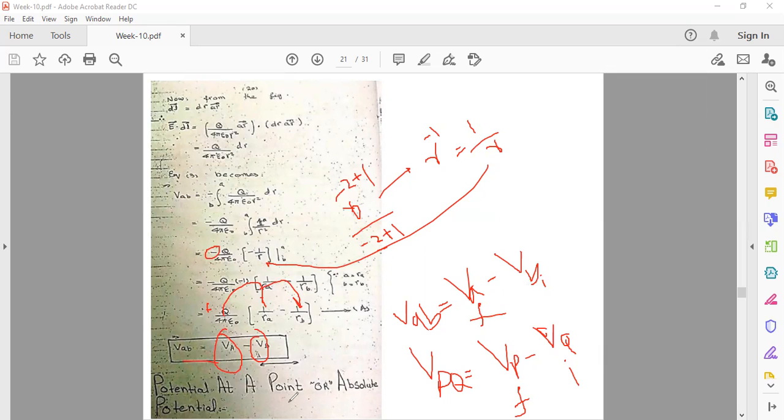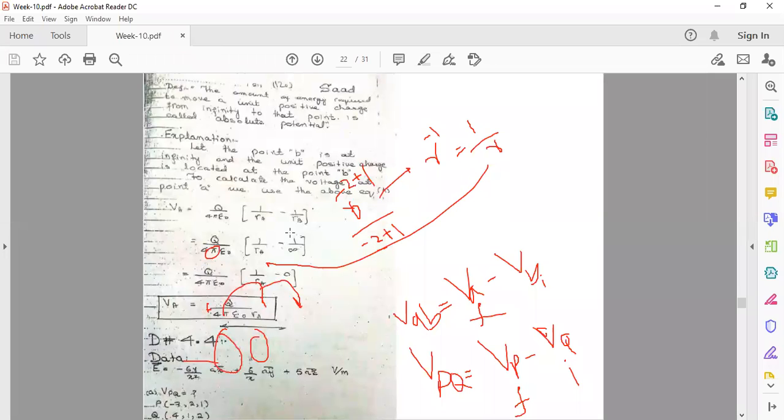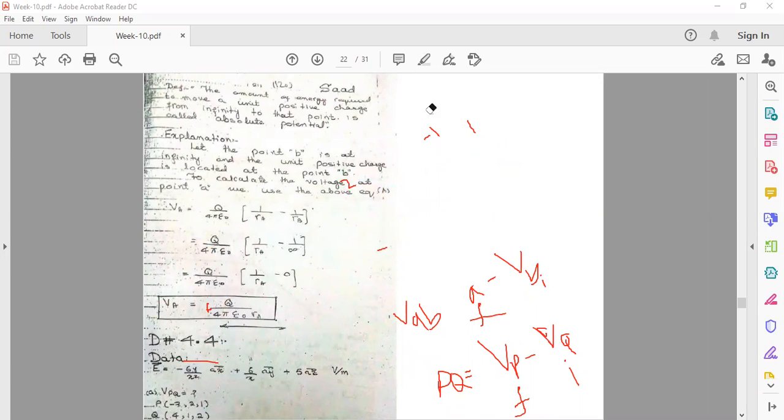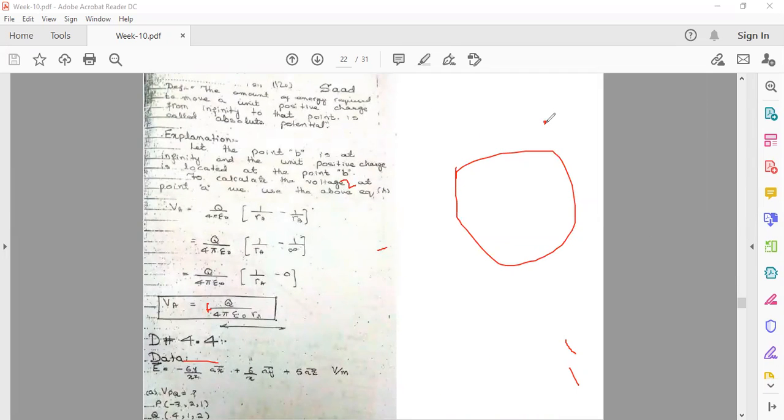Okay, so electric potential at a point, or absolute potential, means the other point is at infinity, meaning outside the electric field. For example, if we have a source charge Q, and we are applying a force on moving a unit positive charge from infinity, meaning outside the electric field, this is plus Q, to a point, for example point A. How much will be the work done, or the electric potential at this point VA?